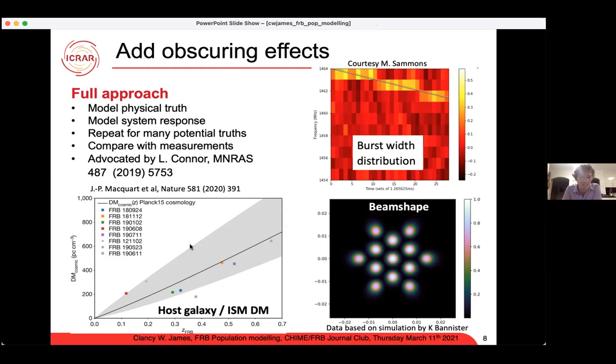The other thing, of course, that you need to care about is that if your dispersion measure smearing affects your sensitivity, you care about what your distribution of dispersion measures is, right? And so we've now got this thing. I don't know if you guys have adopted the terminology of the Macquart relation, but we're using it in CRAFT for this general one-to-one DM as a function of redshift relation.